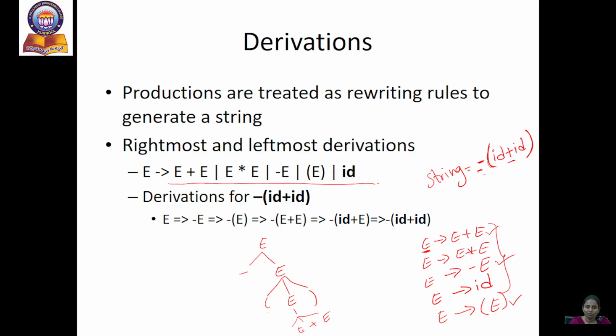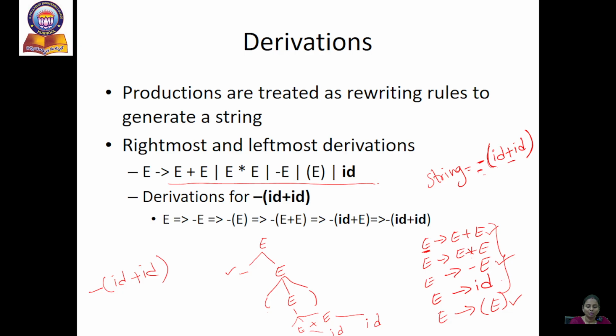The only thing I should get, in the place of non-terminals, is the integers. So in the place of E, I can now substitute id, and in the place of this other E, I'll substitute id. Now you can read the string from left towards right. Minus, this is completed, afterwards open bracket, id, plus, id, and then the closing bracket.